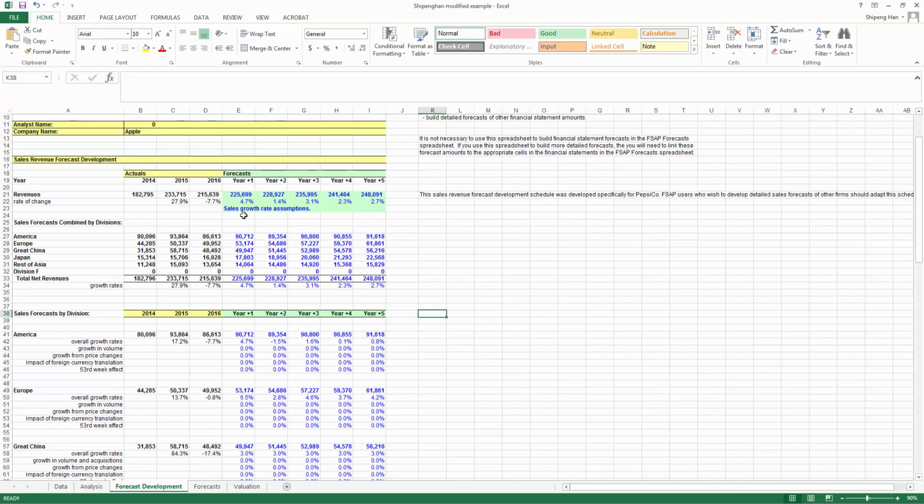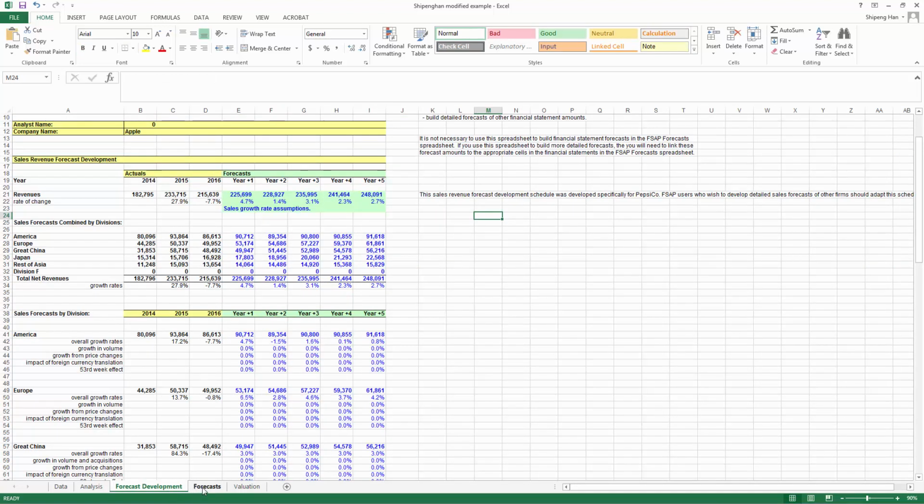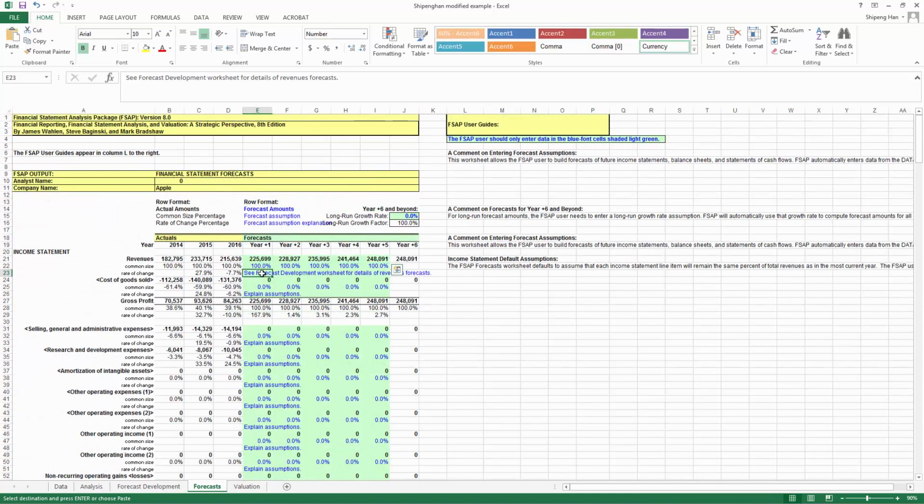Okay, we are going to use the results from step 1, the dollar amount of future revenue from year +1 to year +5, and the growth rate for the 5 years. If we switch to the forecast tab, you can see Excel already referred the dollar amount from the forecast development. But we still need the growth rate for revenue, so I copied this to here.